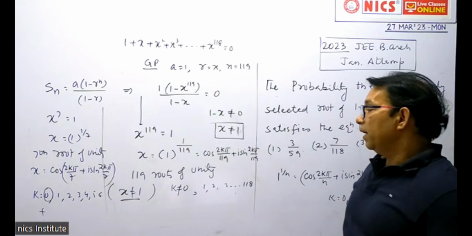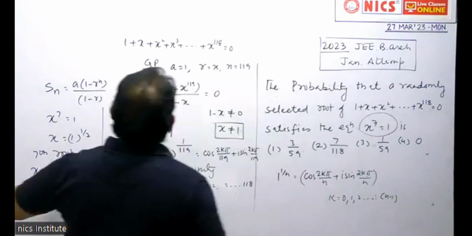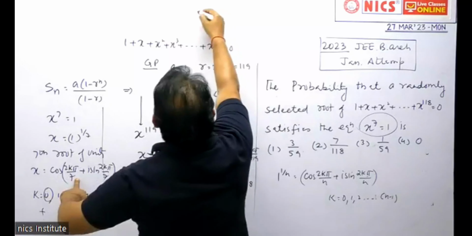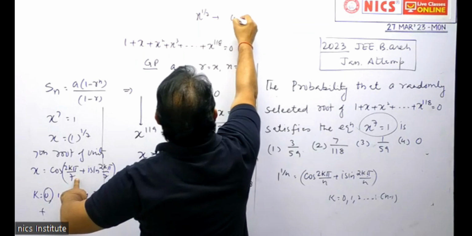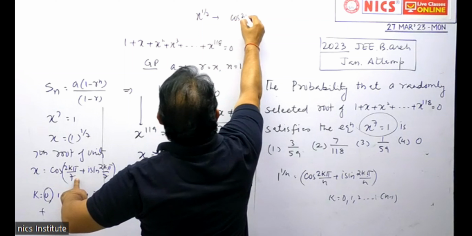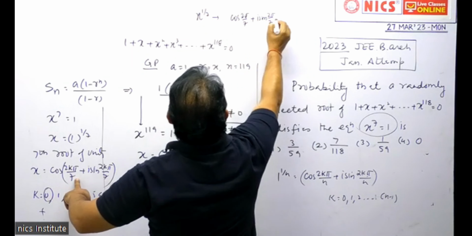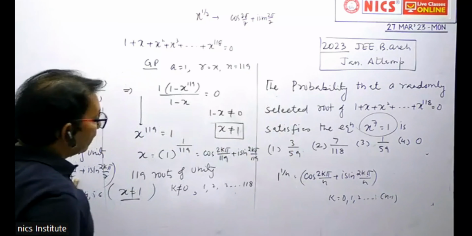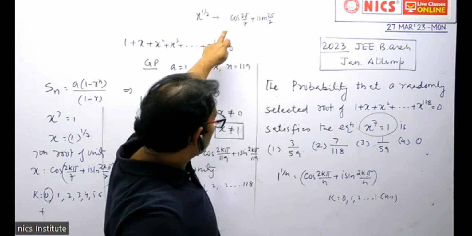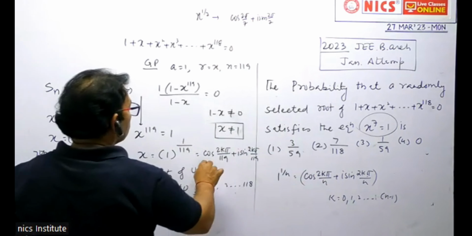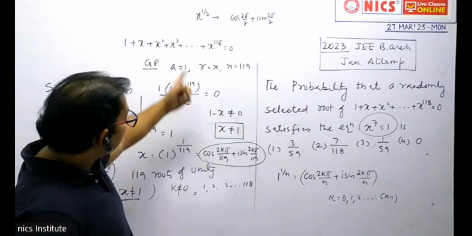Now you have to verify: when k is 1 here, what is the root? The root would be cos 2 pi by 7 plus iota sine 2 pi by 7, right? So what should be the value of k over here so that you get this root?